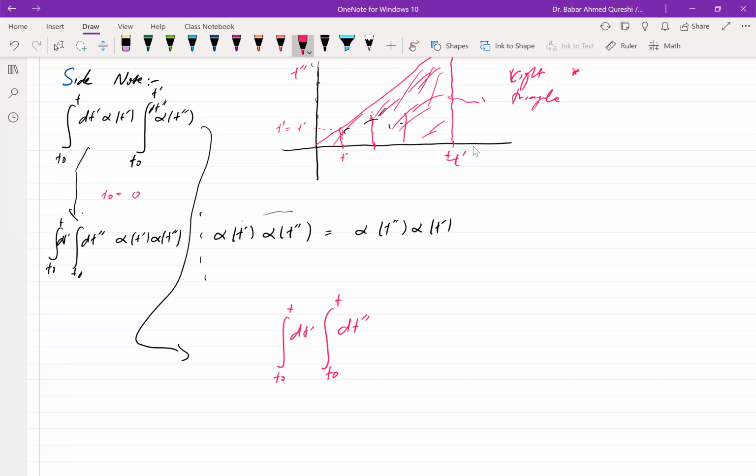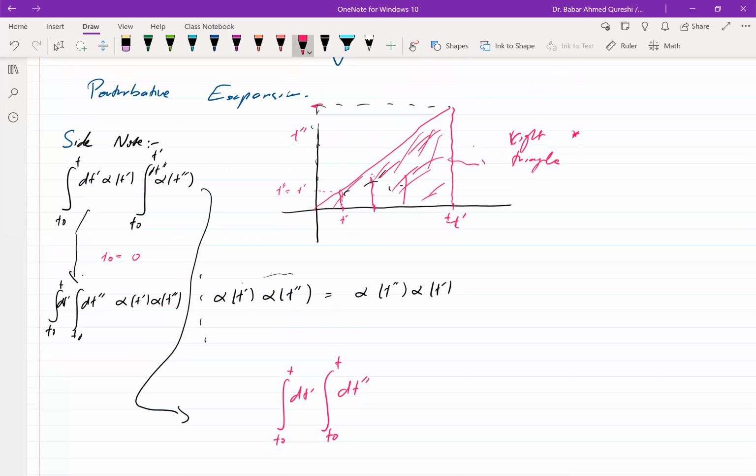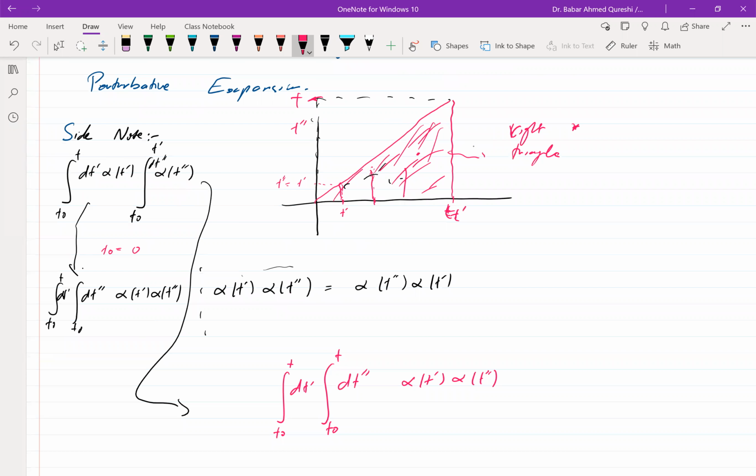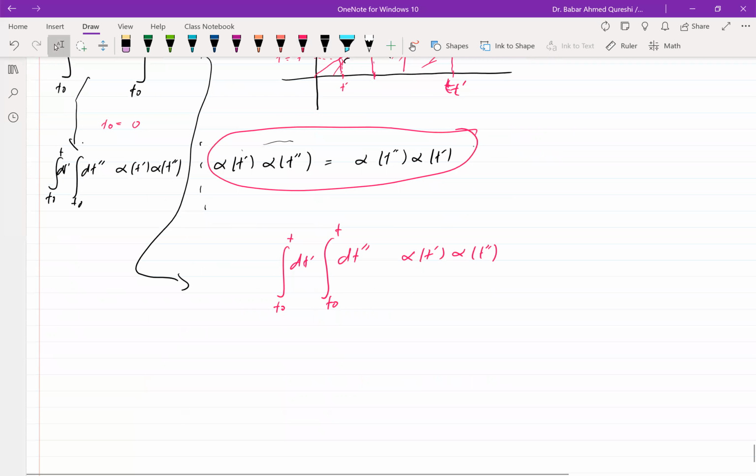So that means you are freely integrating over t' and t'' from t naught to t, t naught to t, and t naught to t in both variables. And you are integrating these guys. But you have just doubled your value of integration. Whatever value you will get here will be exactly same over here because of this property. So you better divide by half.